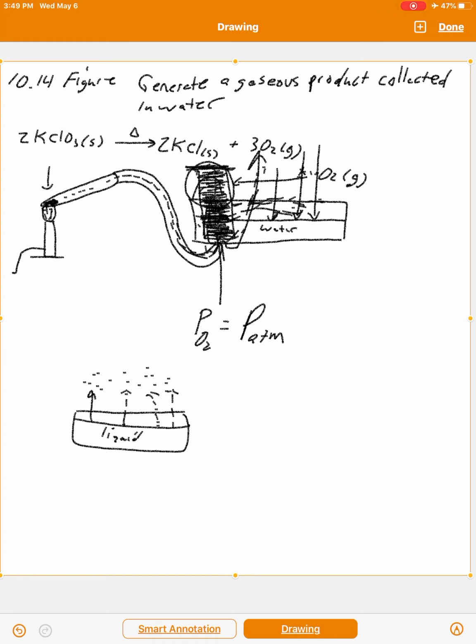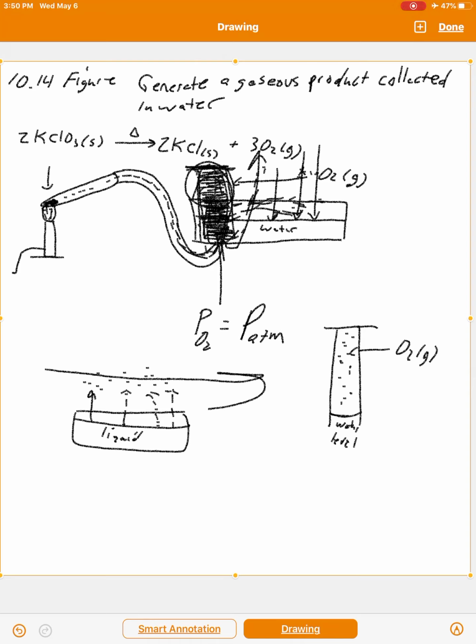Normally, if the container is open, air is flowing and it'll just push that vapor away. But what can happen is, we have a closed container here. In that closed container, let's say the water level is down to here. This is your water level, and we have oxygen gas in here. This is the oxygen we're collecting. Well, here's what happens.